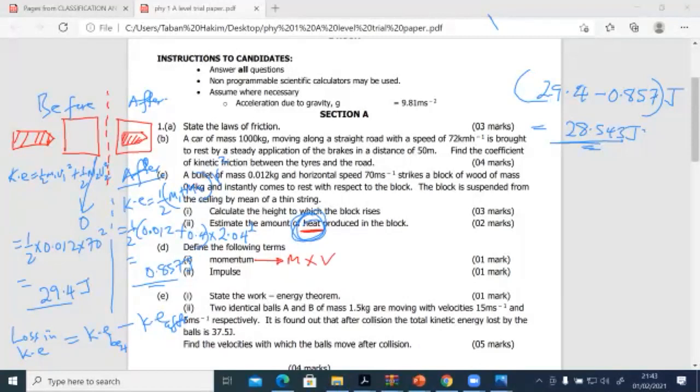Okay, and then impulse. Amount of force applied to a body for a period of time in order to cause a change in momentum.